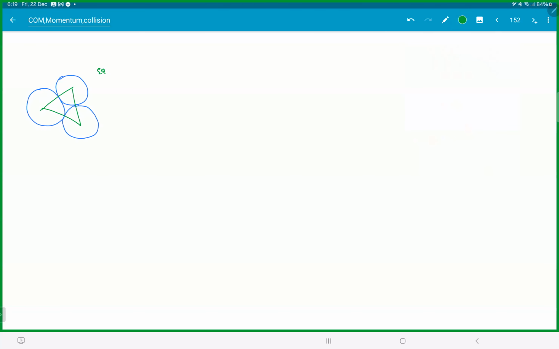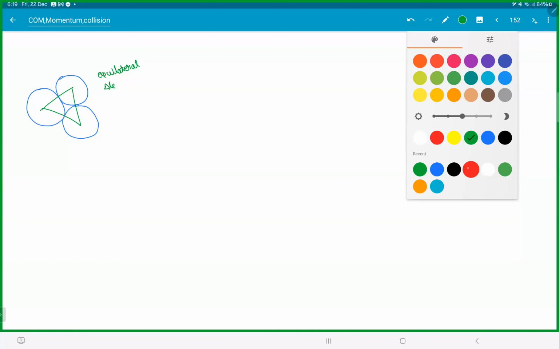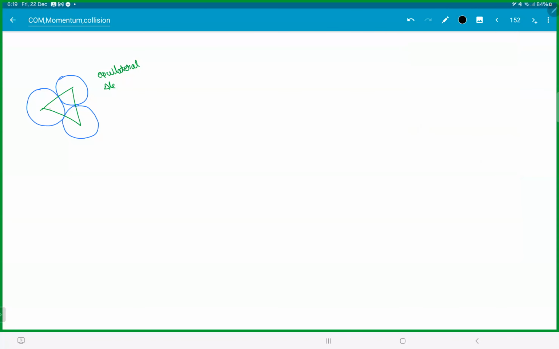I think you guys might be right, most of you are getting a similar answer. This is an equilateral triangle. So if this is velocity u, this would be 30.